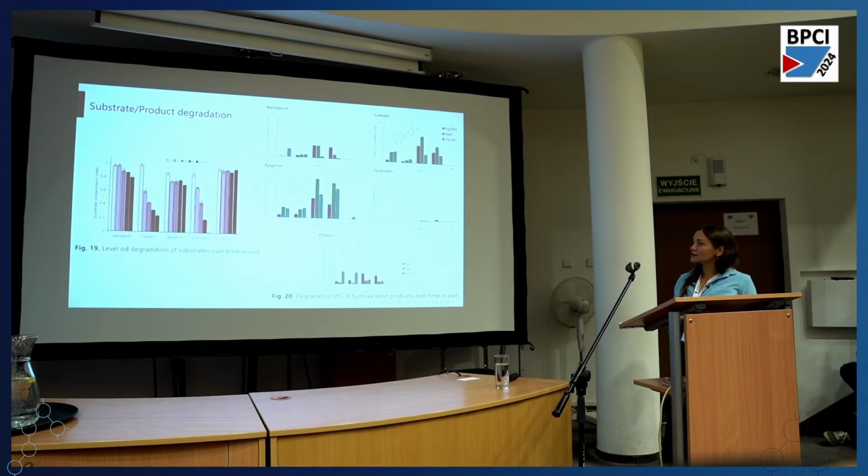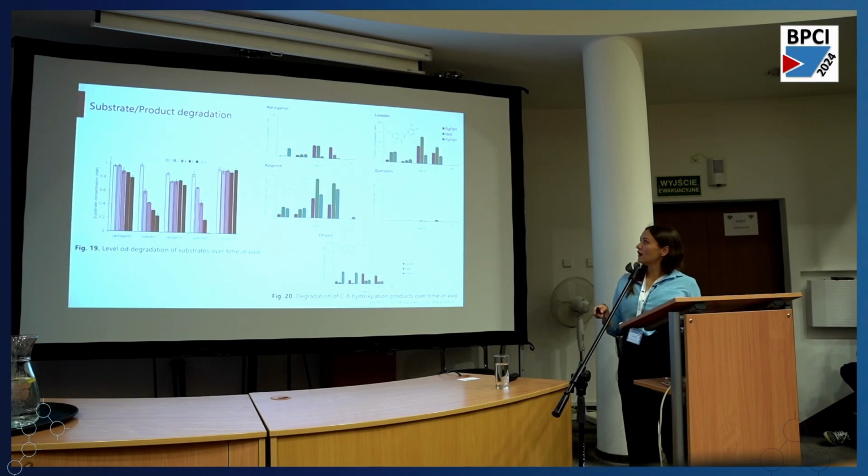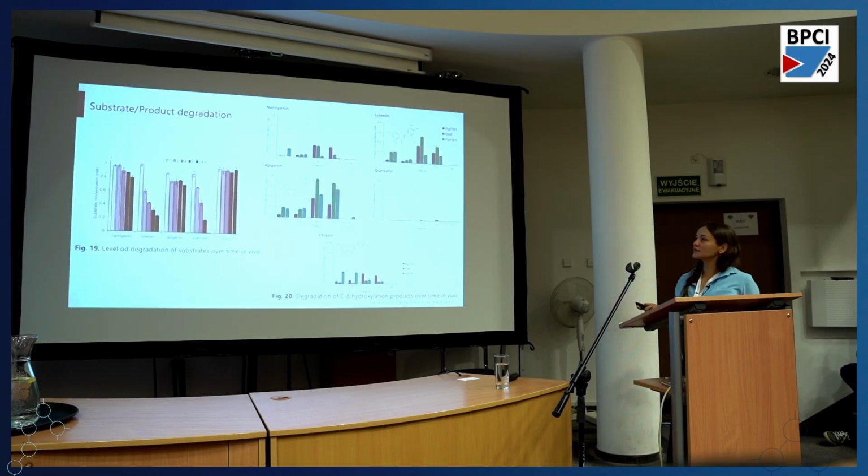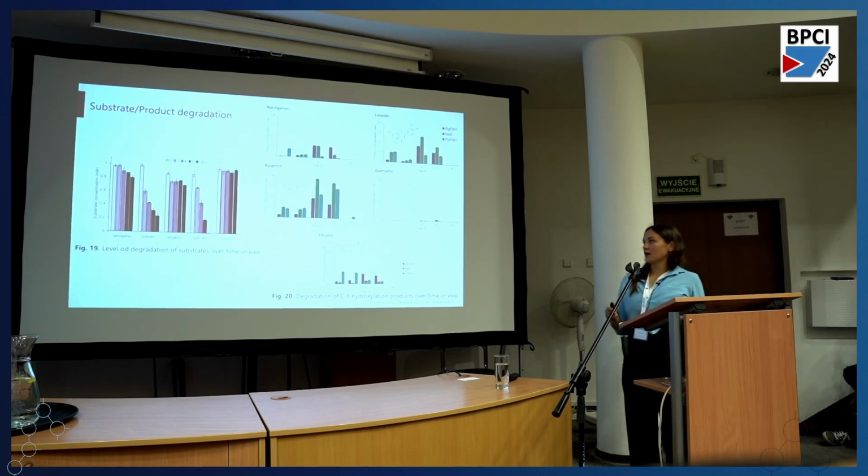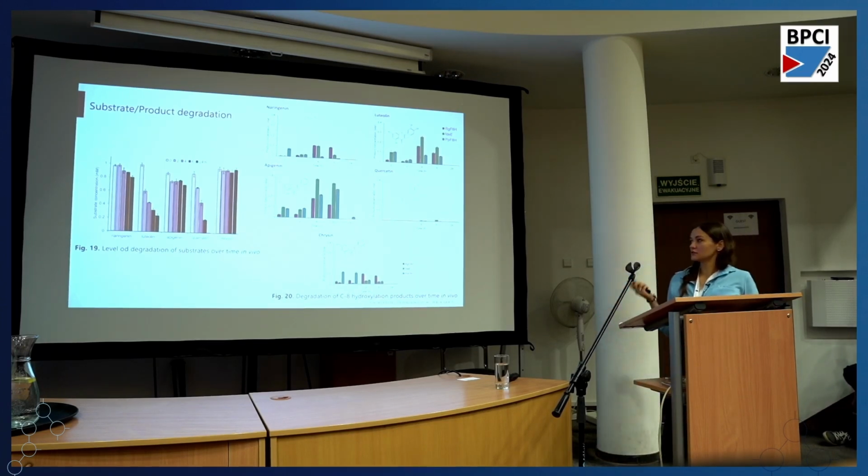That was visible even more for the product of the hydroxylation, because after 24 hours, not even once was it detected. For quercetin it is especially visible, because I was only able to detect some product after 6 hours, but it was not satisfactory at all.